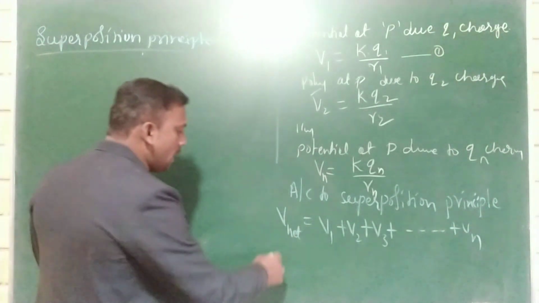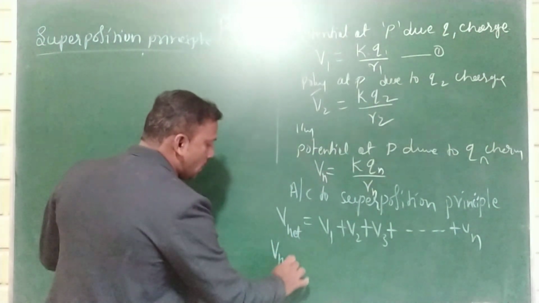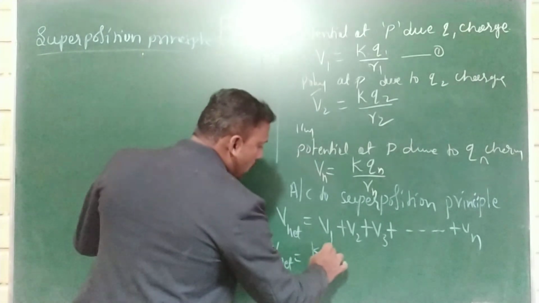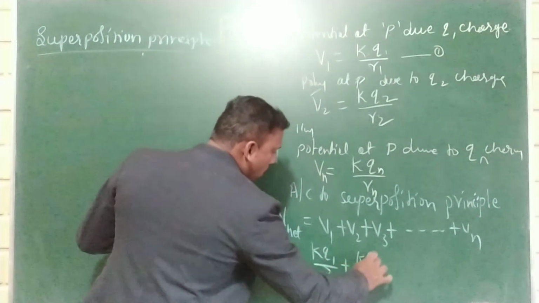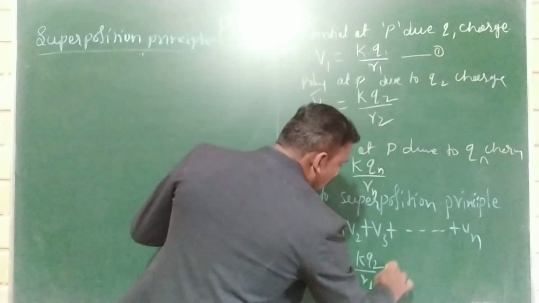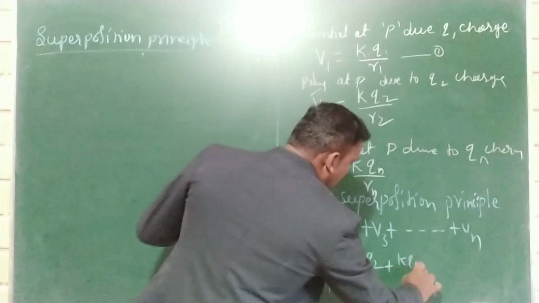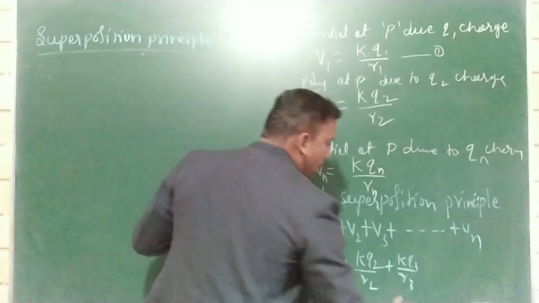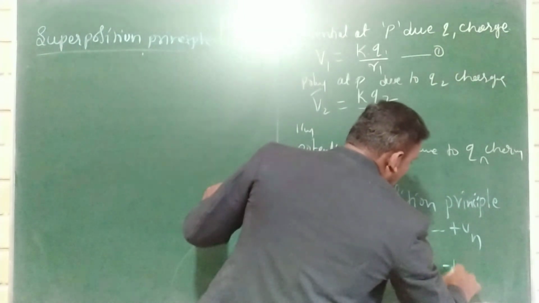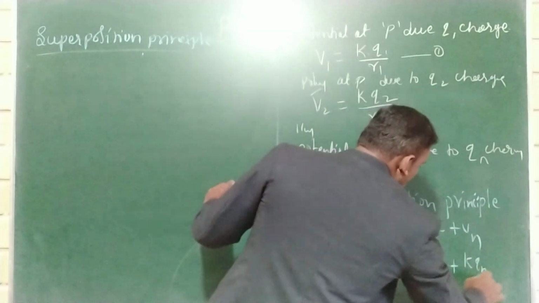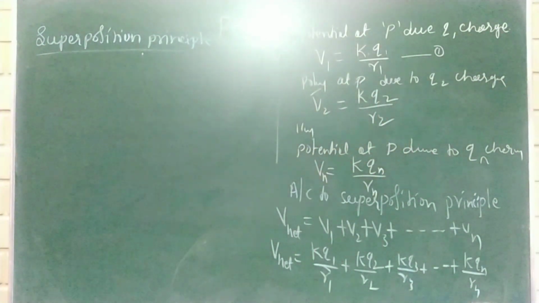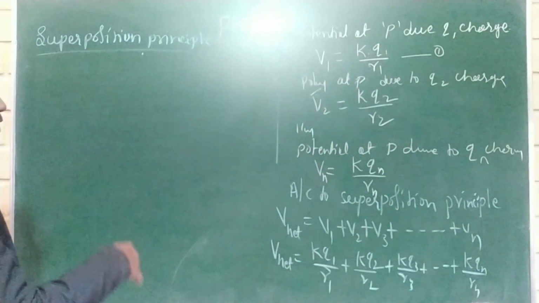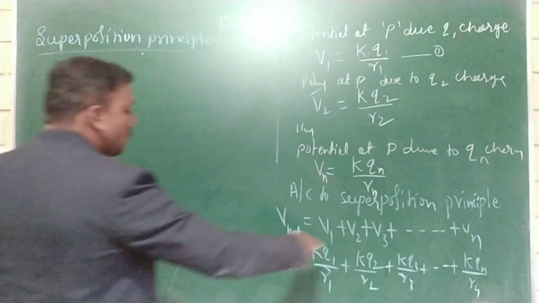V net is KQ1 divided by R1 plus KQ2 divided by R2 plus KQ3 divided by R3 and so on plus KQn divided by Rn. Here K is a constant and is common to all the terms.